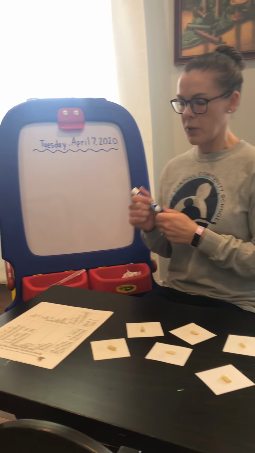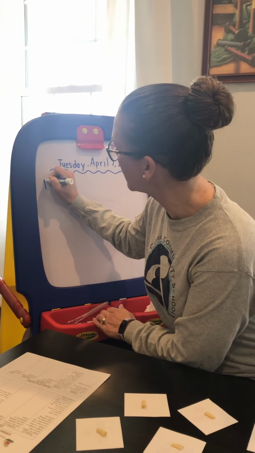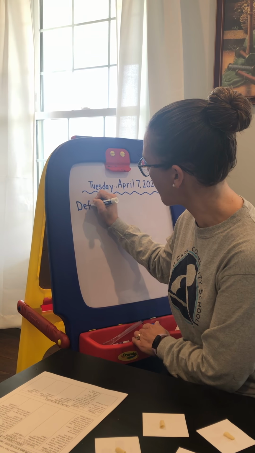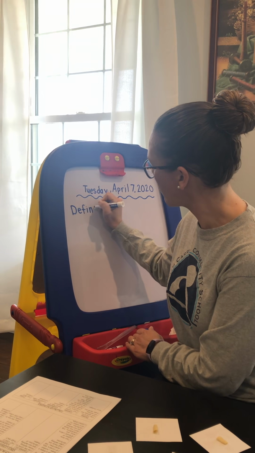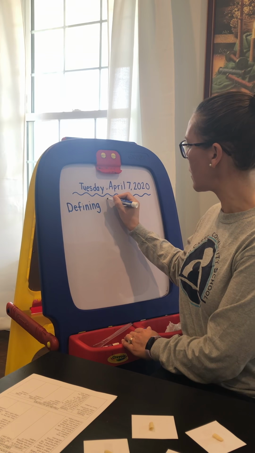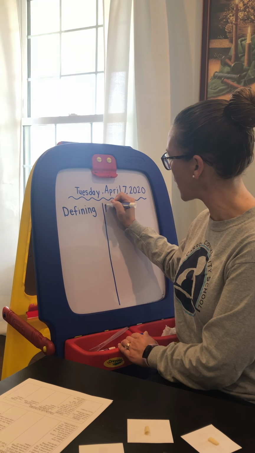No matter which way it's turned, which color it is, those are all things that don't matter, called non-defining shape attributes, okay? So yesterday you did a sort, and we're gonna do another sort today using the same cards you used. So I'm gonna put the word defining up here, and draw a line, and then we'll do non-defining attributes.